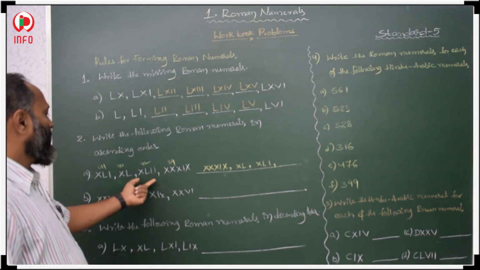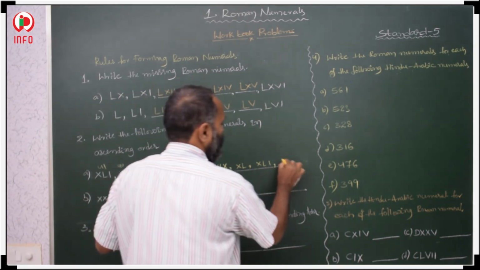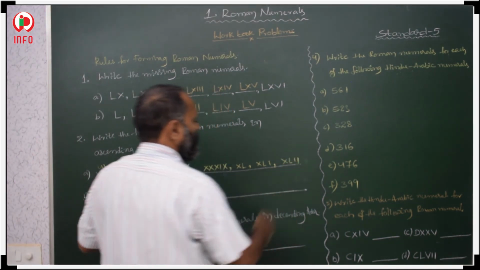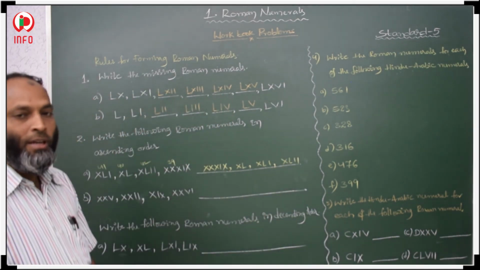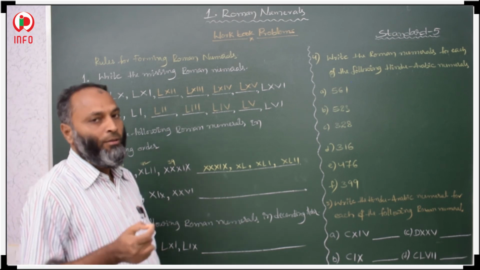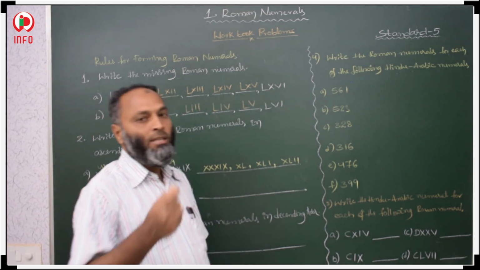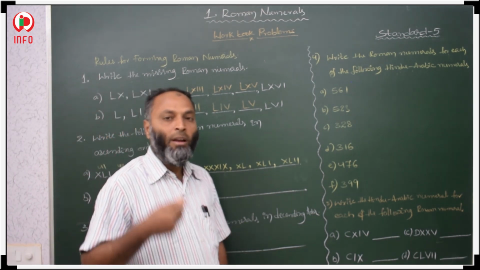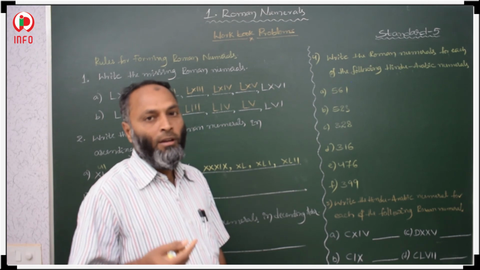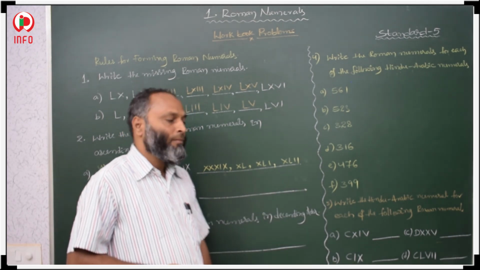Then 42, XLII. So in this way we convert the given Roman numerals into Hindu-Arabic numerals. Why? Because it is very easy to understand which one is smaller and which one is bigger according to our Roman numeral rules.